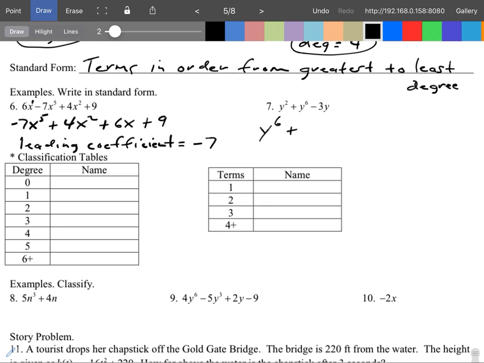So you're going to write plus y squared. And then my least degree term would be it's a minus 3y, so it's a negative 3y. And then on this one, my leading coefficient would be the number out in front of my highest power term, which would just be a 1. So I'm just going to write LC for leading coefficient is 1.